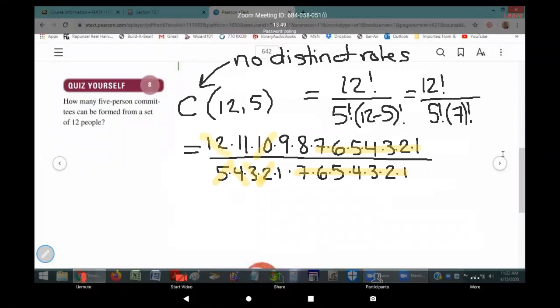We are left with having to compute what 11 times 9 times 8 is. 72 times 11, which is 792. There's 792 ways to form a 5-person committee out of 12 people.